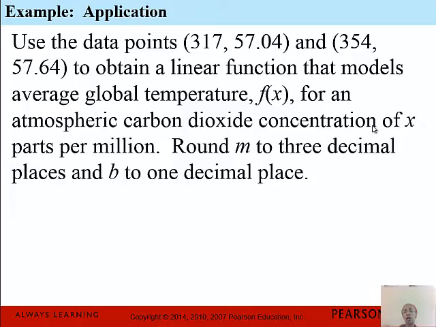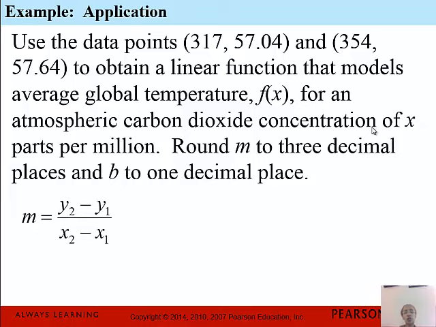So that means our y values represent average global temperatures for an atmospheric carbon dioxide concentration of x parts per million. And we want to round m to 3 decimal places and b to 1 decimal place. So x then is my atmospheric carbon dioxide concentration, and it's given in parts per million.